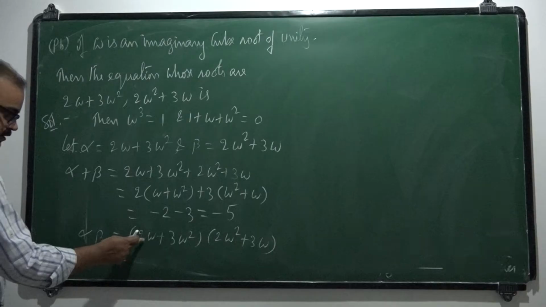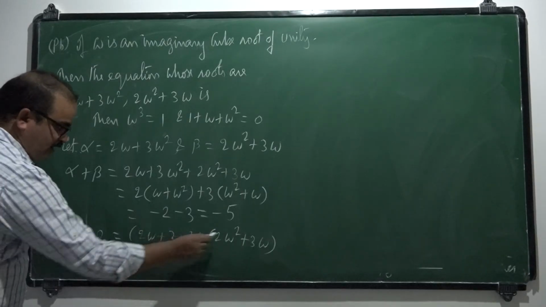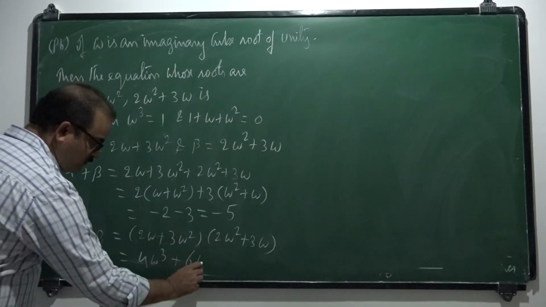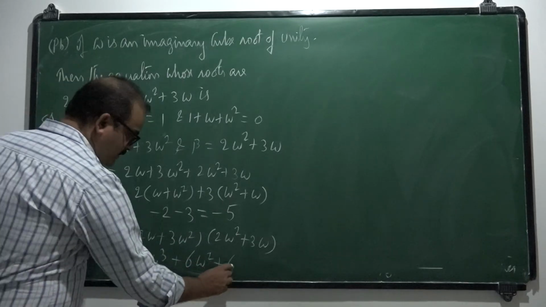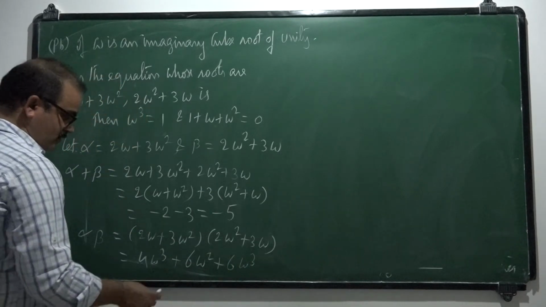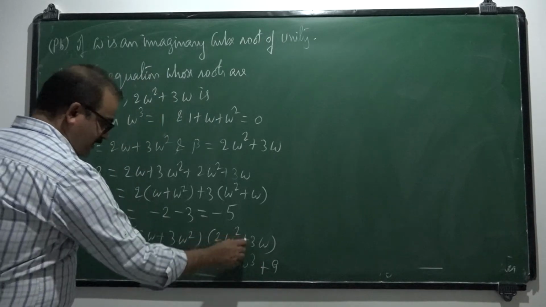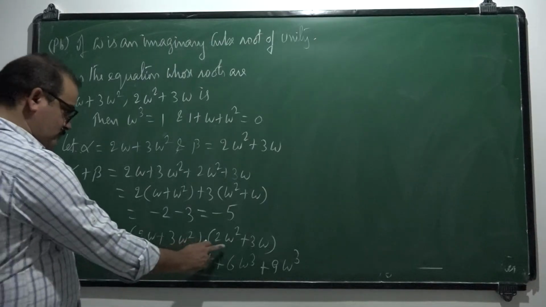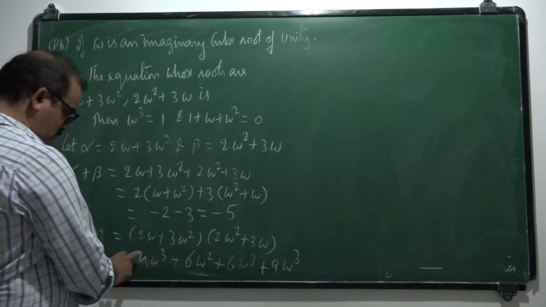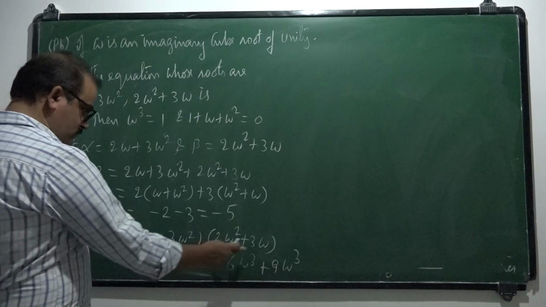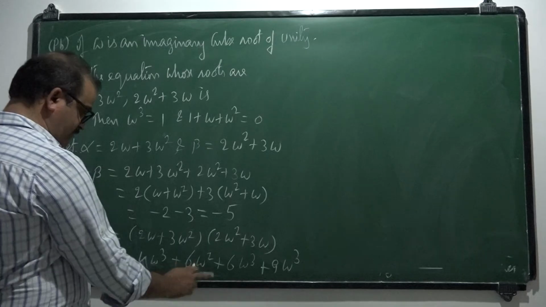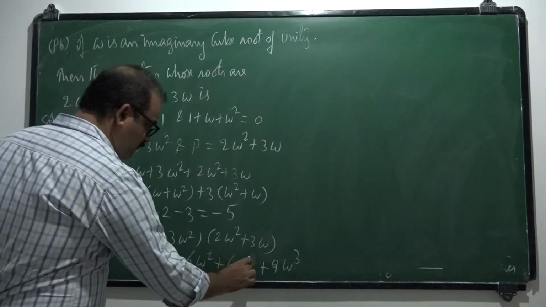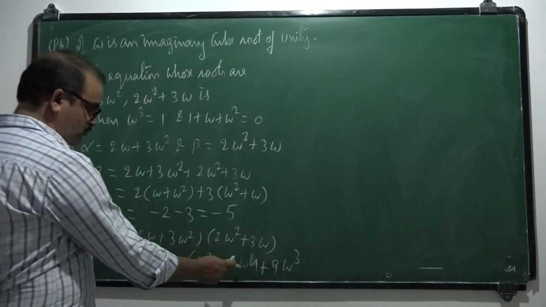Multiply these two. 2 into 2, 4, omega into omega square, omega cube, plus 6 into omega square plus 6 into omega cube plus 9 into omega cube. 2 omega into 2 omega square, 4 omega cube. 2 omega into 3 omega, 6 omega square, plus here it is omega power 4. Omega square into omega square.